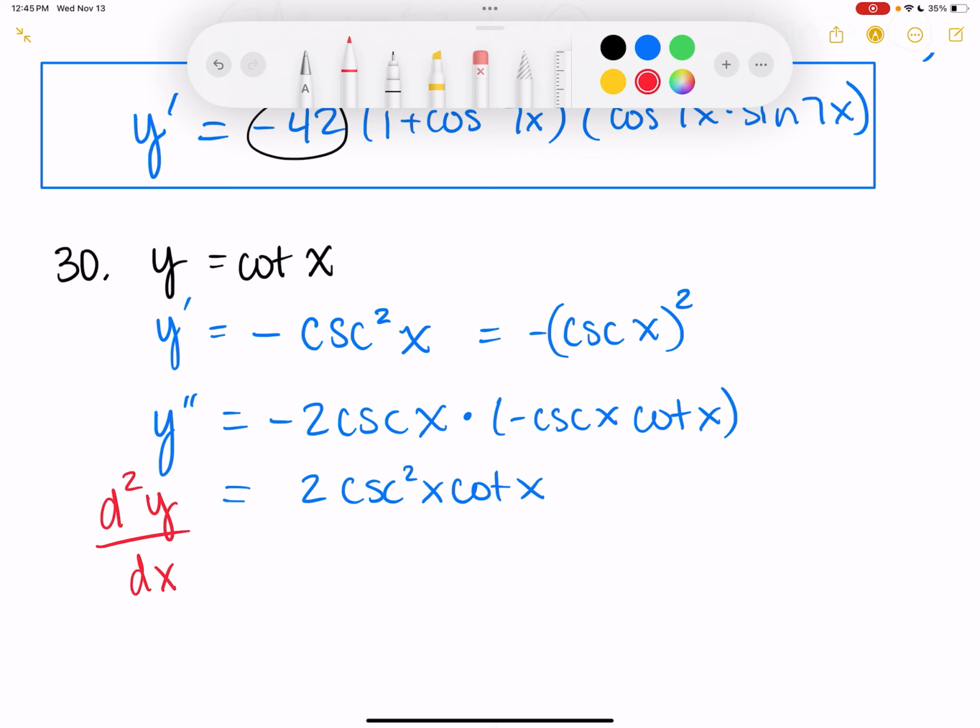Let me look in the book for an example. d squared y over dx squared. I thought there was another squared somewhere, but I couldn't remember where it went. So y is like that, because this is dy dx times d dx.